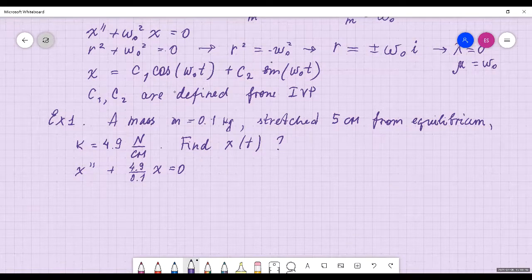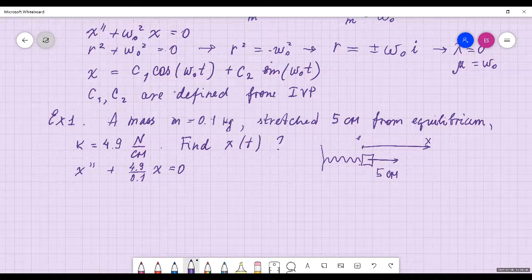Usually it makes sense to draw a picture. Imagine that there was a spring, right? And they stretched it in this direction, 5 centimeters from the equilibrium position. It also makes sense to draw the direction of the positive x-axis. This is equilibrium. Okay, the positive direction of the x-axis is here, so they are matching.